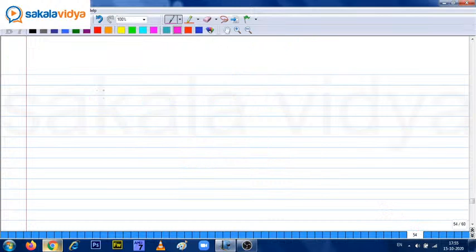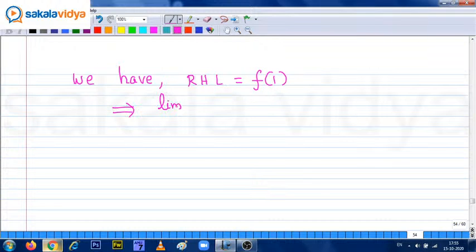So now we have RHL equal to f of 1. Let us write RHL: limit x tends to 1 plus f of x equals f of 1, which is defined as 4.